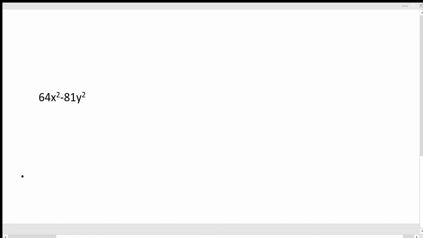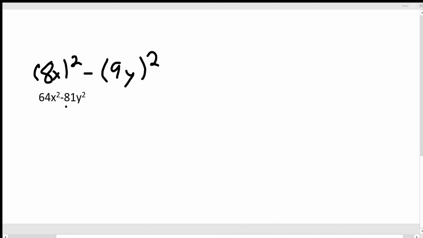So another way that we could write this is just (8x) squared minus (9y) squared. So you see that this new way of writing it is equivalent to our original problem.